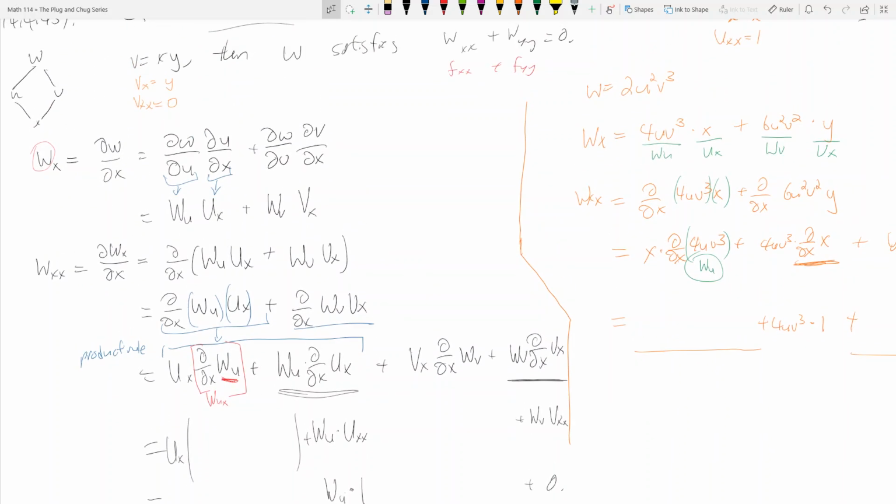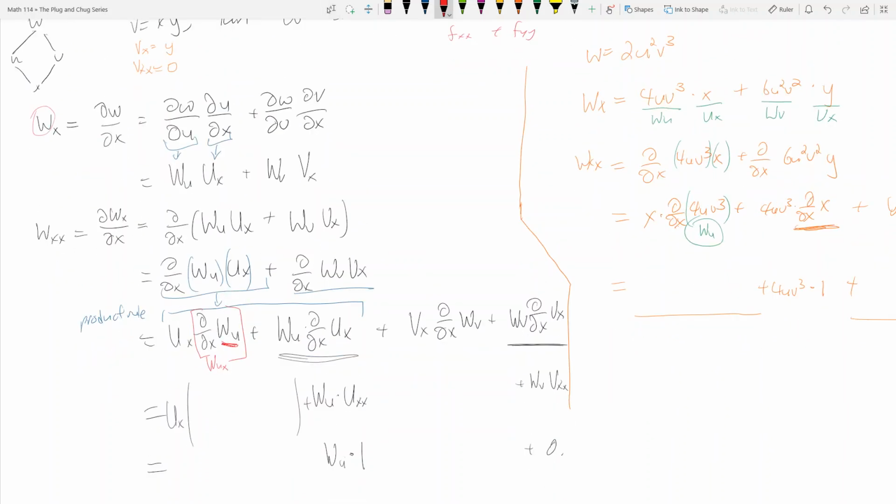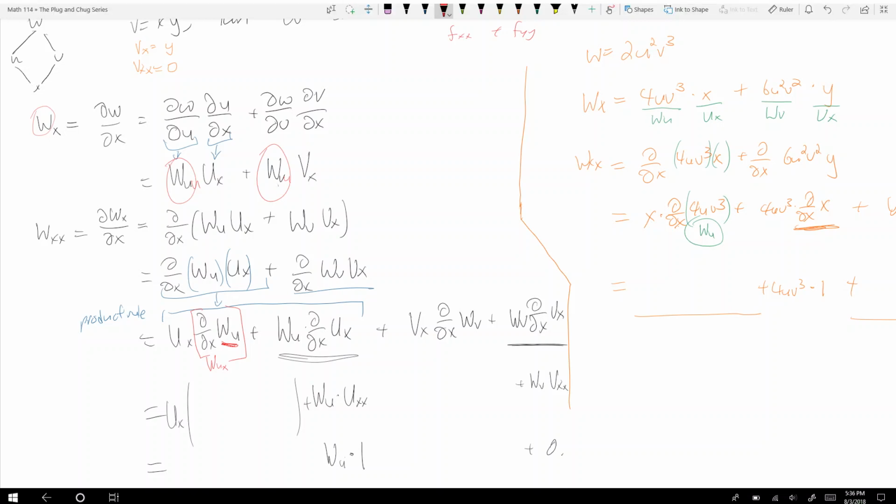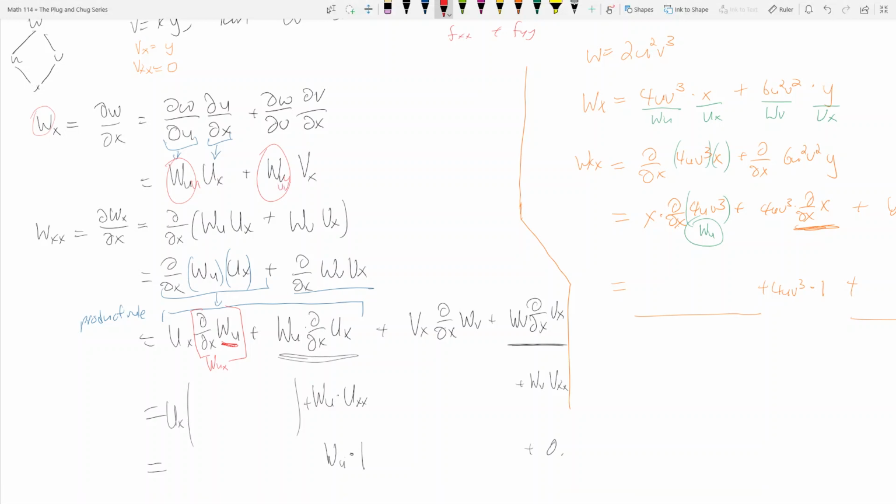In order to find w sub u sub x, I just go up to my w sub x expression, and wherever I see a w sub u, I just add another u. So this becomes w sub u sub u, and this guy becomes w sub v sub u, or w sub u sub v. It doesn't matter, because remember we showed that cross partials are the same thing.